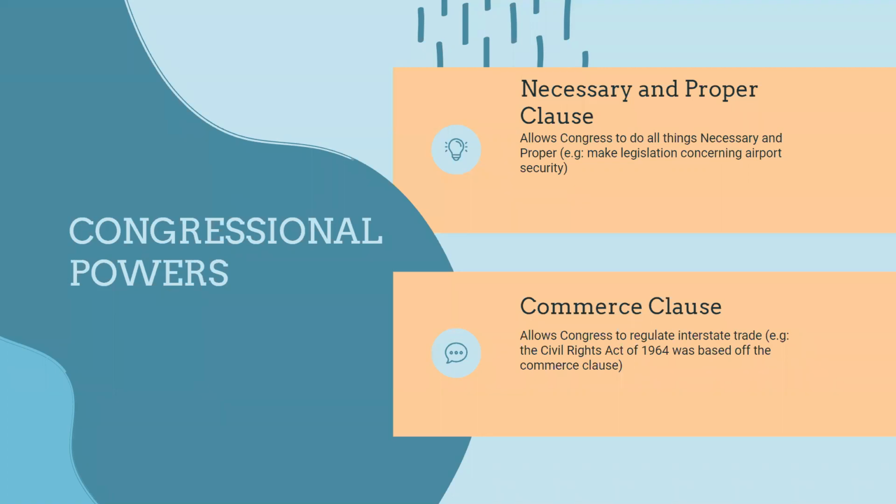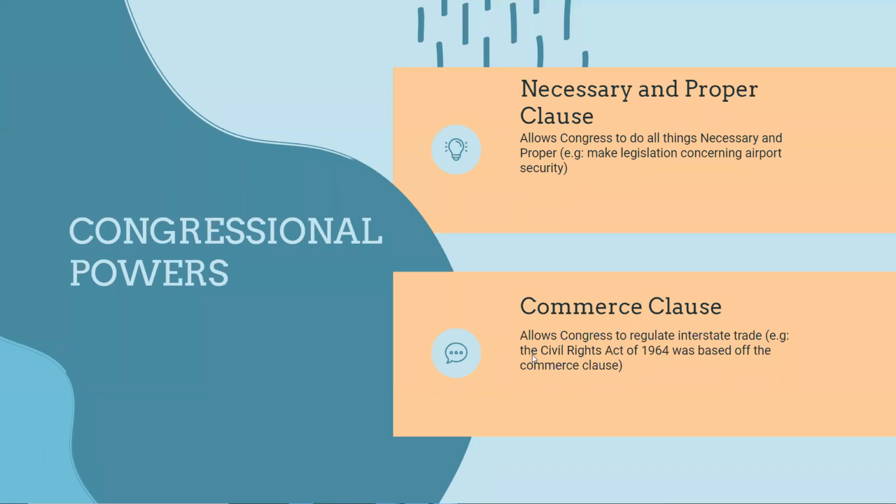And then we have the Commerce Clause. This allows Congress to regulate interstate trade. Although it itself is not that important, the way it can be applied can give Congress a lot of powers.